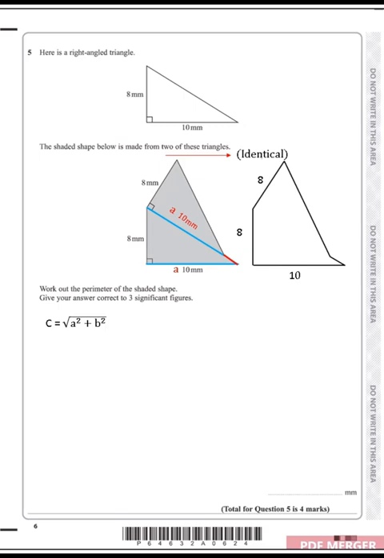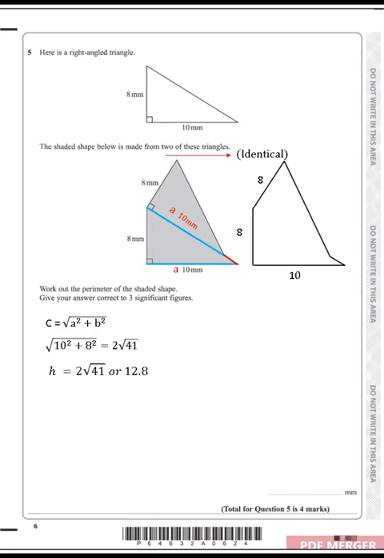So C is equal to the square root of A squared plus B squared. So C is equal to the square root of 10 squared plus 8 squared. So the hypotenuse is equal to 2 root 41 or 12.8. My advice would be to keep the hypotenuse as 2 root 41, because I don't want it to affect your final answer.